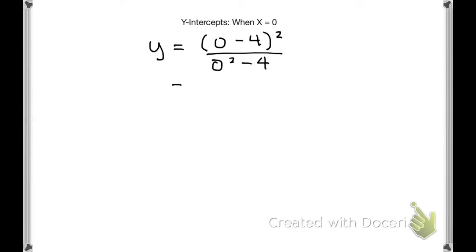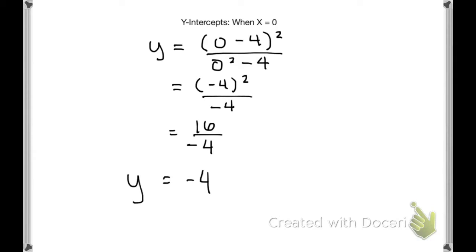And when we do that, we're going to see that we get negative 4 squared over negative 4. And that's just going to end up being 16 over negative 4. And when you simplify that, you're just going to get negative 4. Which just means that y is equal to negative 4. And that's going to be when your curve or your graph is going to hit the y-axis at negative 4.